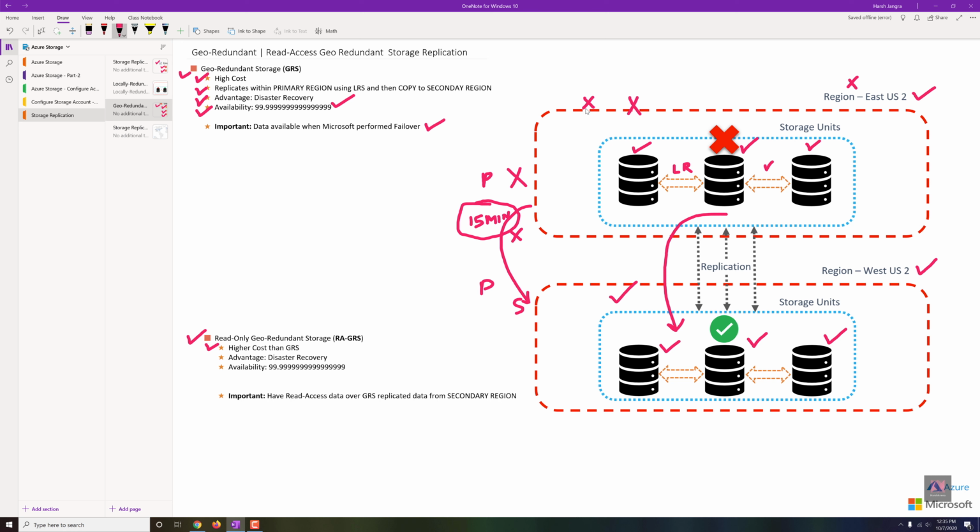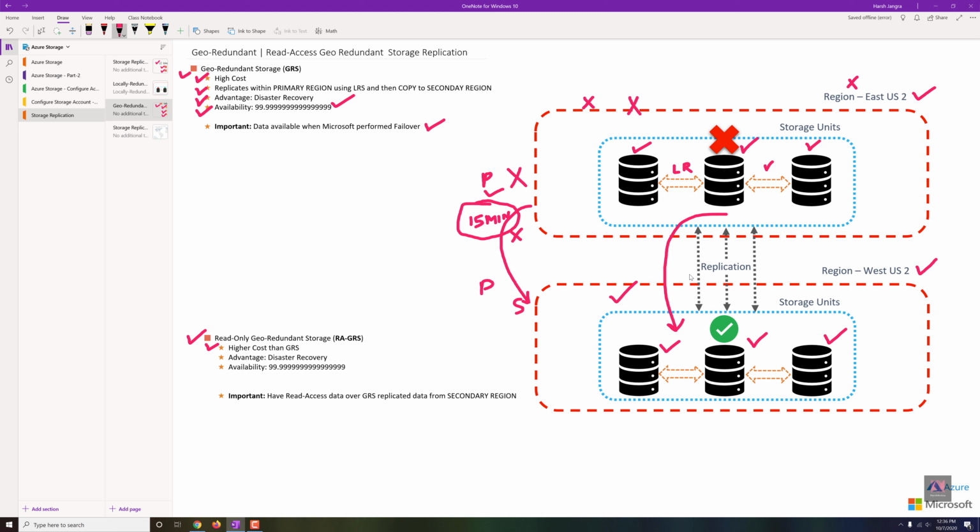Let me repeat again: if your whole region East US2 is down, you are still able to access your data from the secondary location, which is West US2 in our example. That is exactly what can be achieved from read-only GeoRedundant storage, and that is why it has a higher cost, because you don't need to wait for 15 minutes. You are still able to access your data.